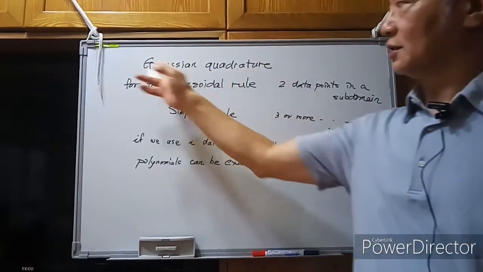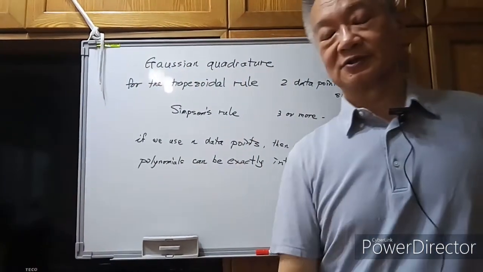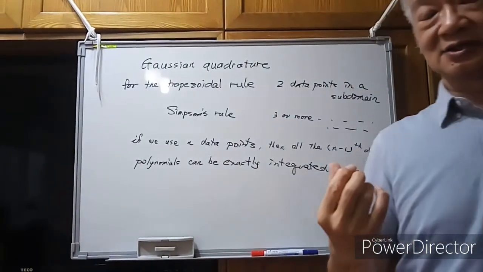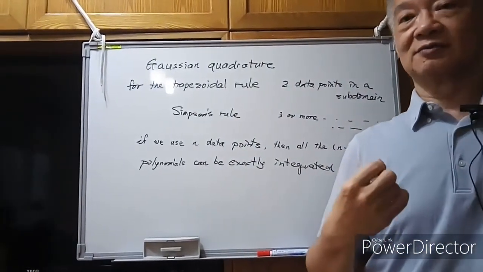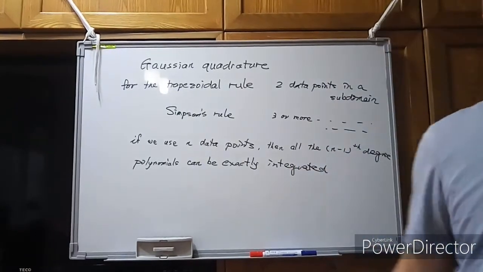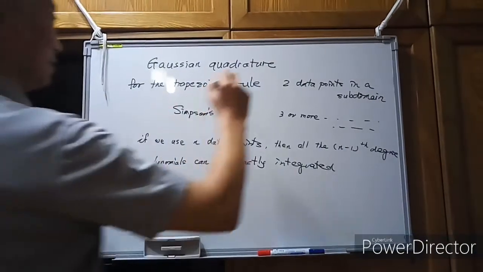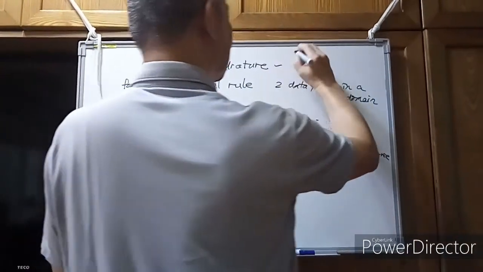The Gaussian quadrature method tries to use fewer data points, but we can get higher accuracy for the results.